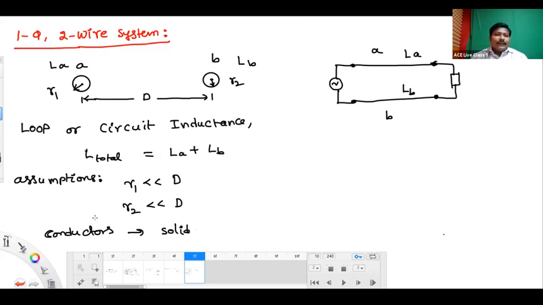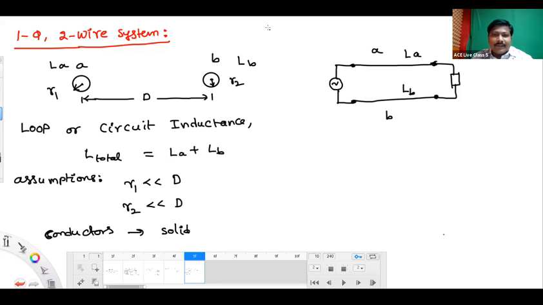Next, I will be assuming that current density is uniform throughout the cross section of the conductor. What is the meaning of that? Anybody please tell me? We are neglecting the skin effect.